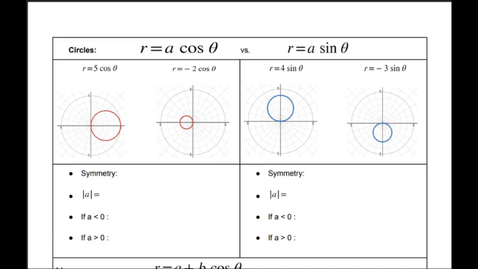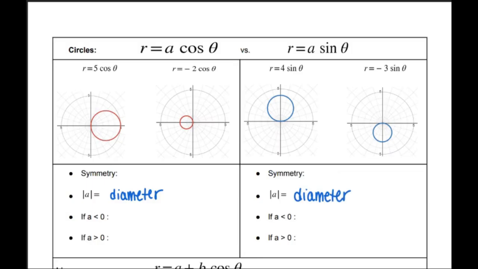We can ignore the negative sign, so the absolute value of a is equal to the diameter of the circle. Same thing for the ones that start with sine. We've got 4 as a diameter, and we've got 3 as a diameter, so the absolute value of a is your diameter.